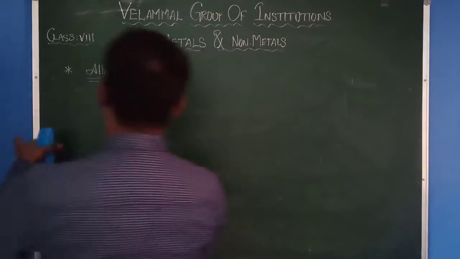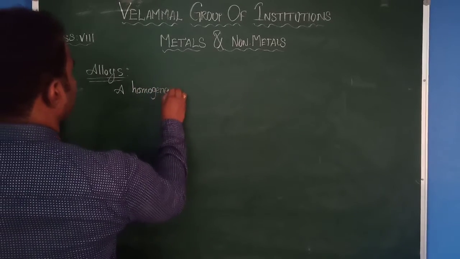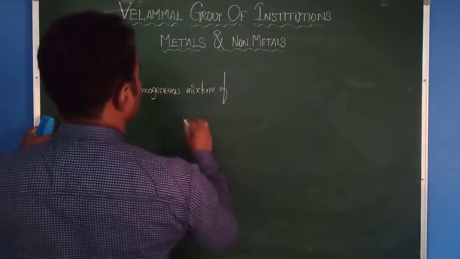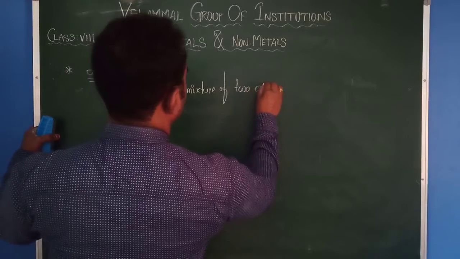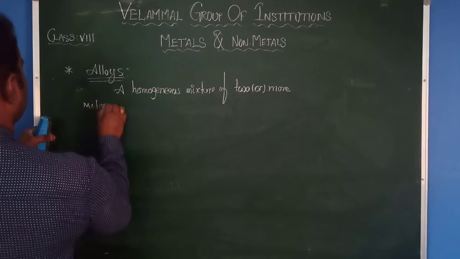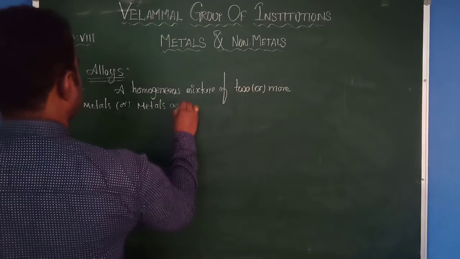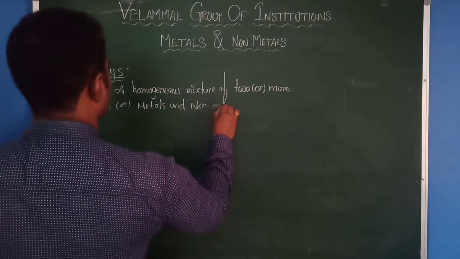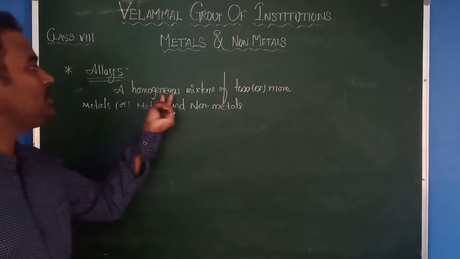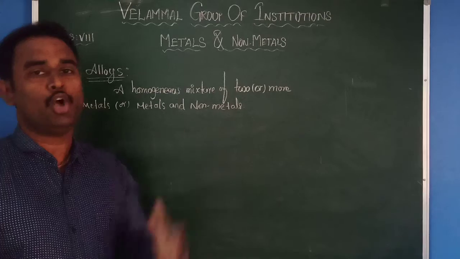That means alloy is nothing but a homogeneous mixture of two or more metals or metals and non-metals.